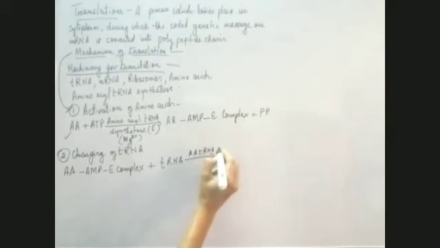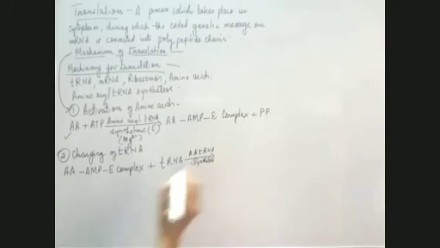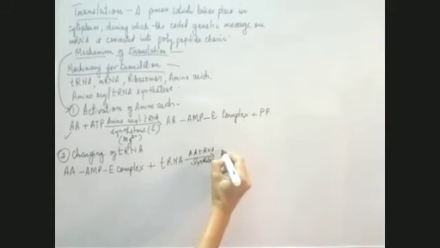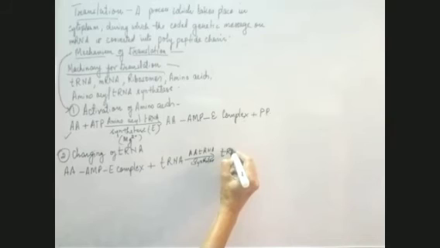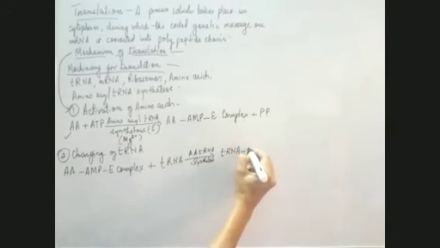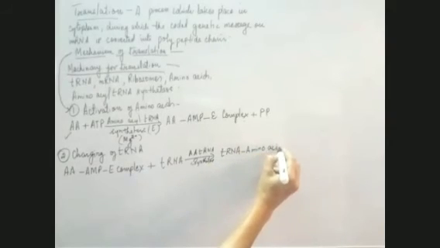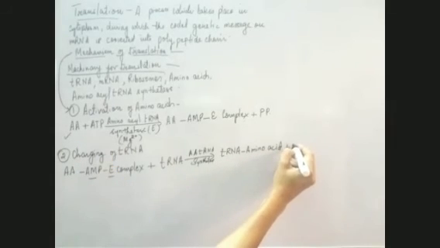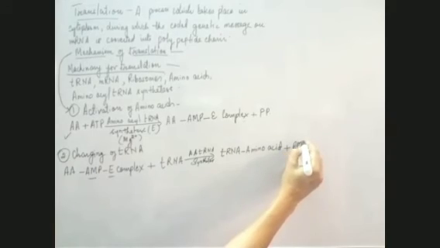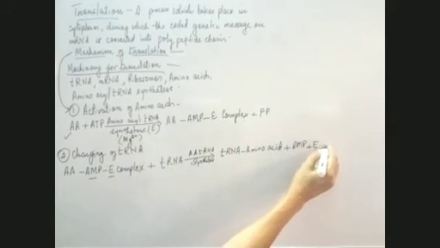As a result, the tRNA will get bonded to the amino acid, forming the tRNA amino acid complex, and AMP is released plus the enzyme, which is of no use now.